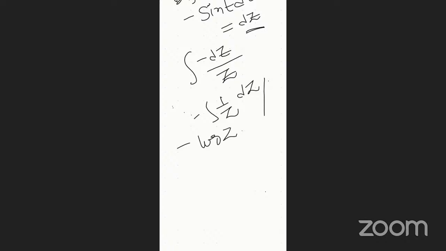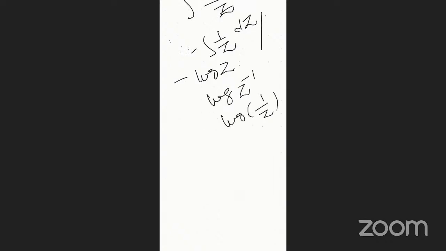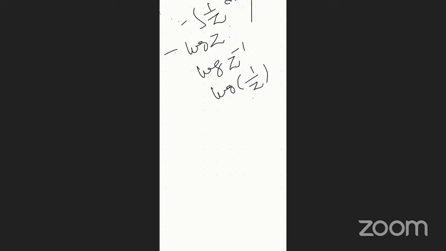That minus goes into the power, so it becomes log z power of minus 1, that is log of 1 by z. Z we assumed to be 2 plus cos t.